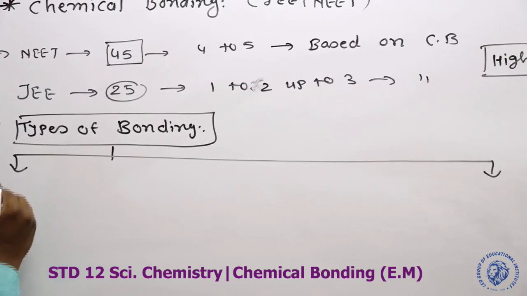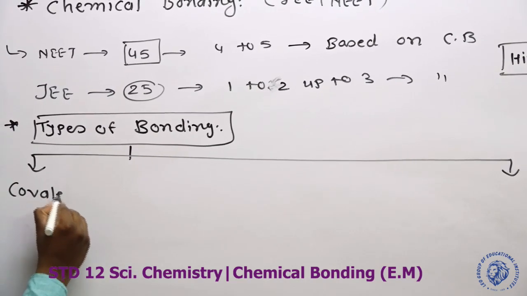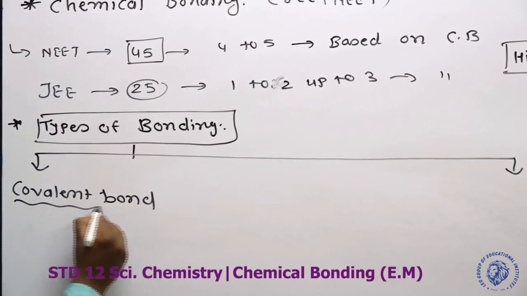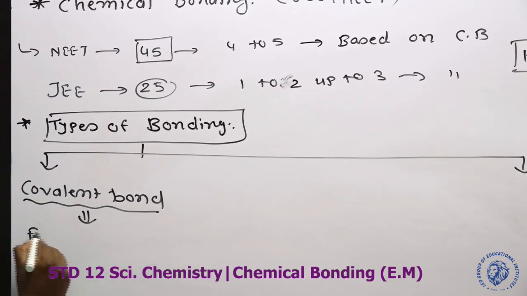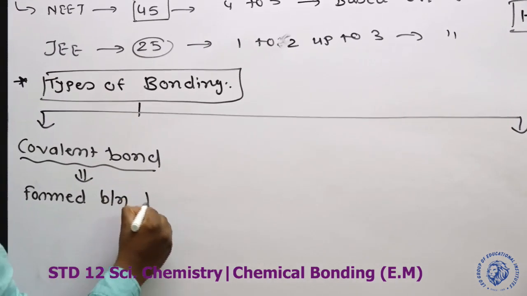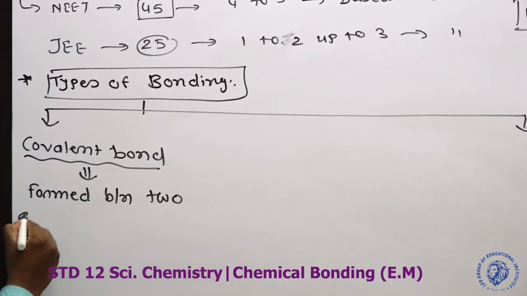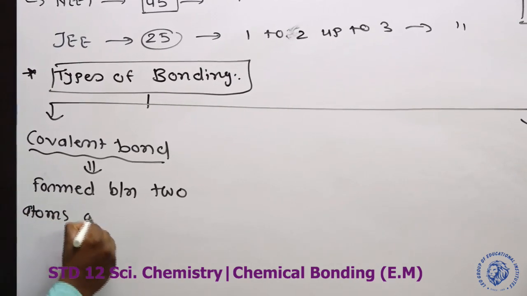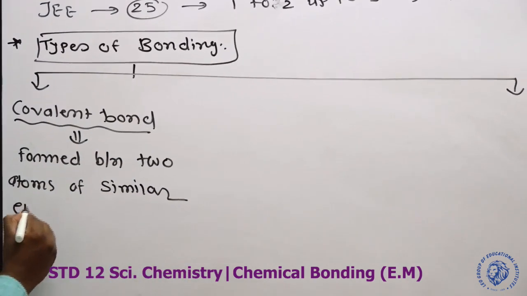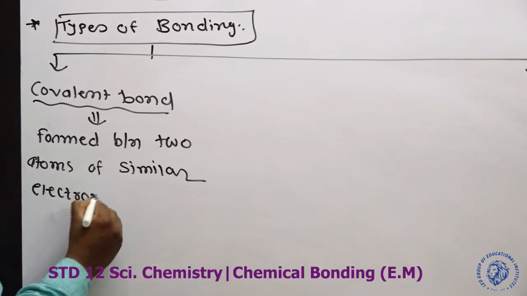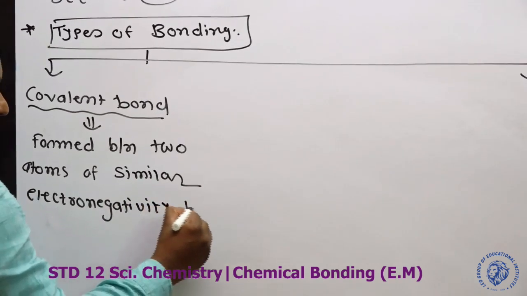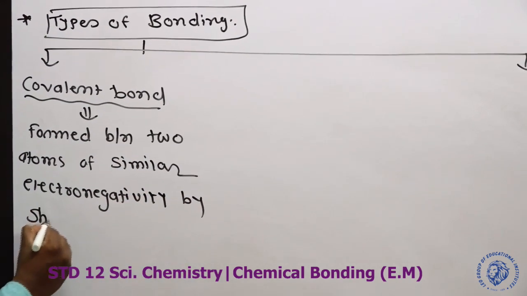First, covalent bond. Covalent bond is formed between two atoms of similar electronegativity by sharing of its valence electron.